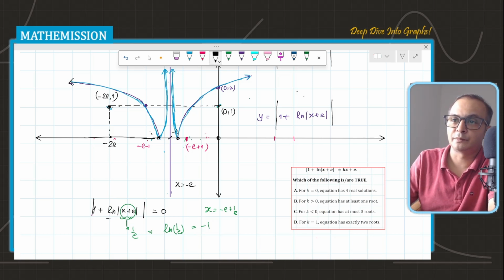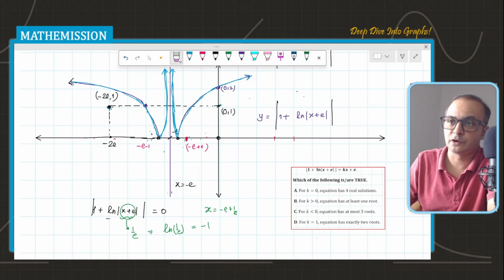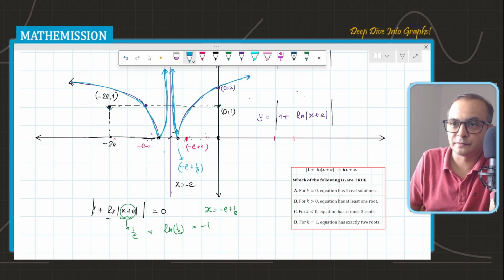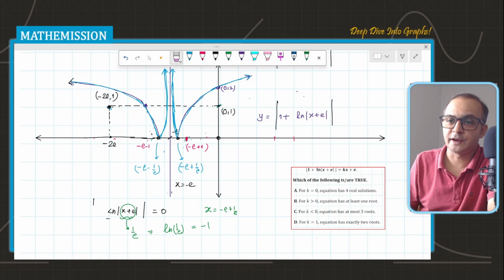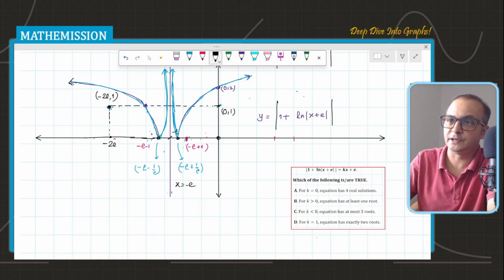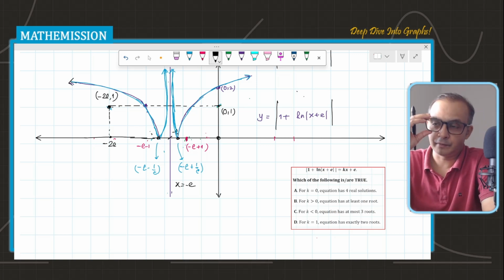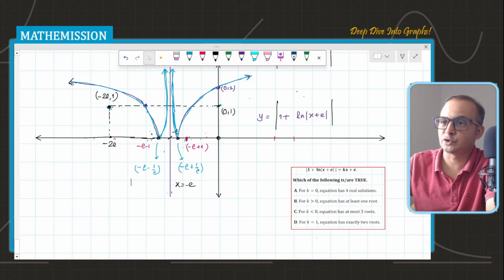It means this number we were looking for is nothing but negative e plus 1 by e. And similarly the other must be negative e minus 1 by e. So in this way we can also find out where the graph is hitting the x-axis, and now the graph is complete.